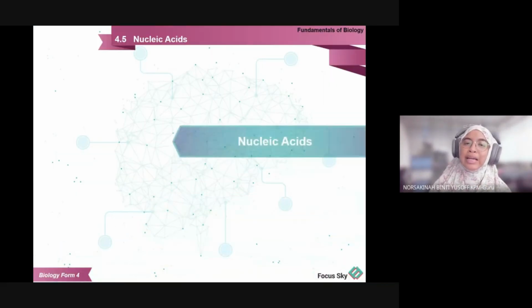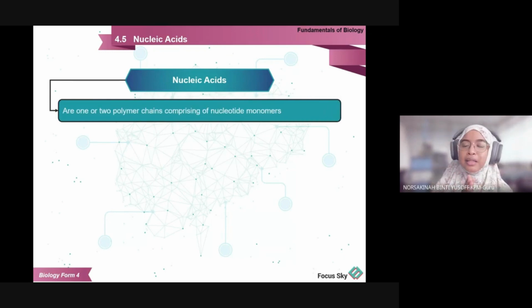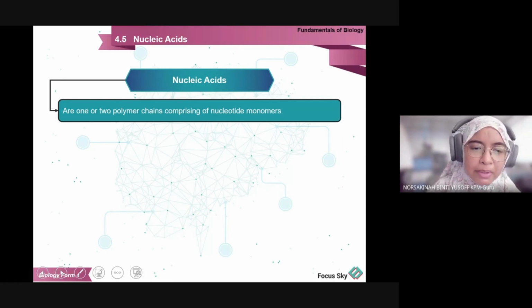So nucleic acid is the umbrella term for two things, which are DNA and RNA. The Lego here is okay. I didn't bring my drawing pen, so I cannot draw. Now this is the umbrella term.